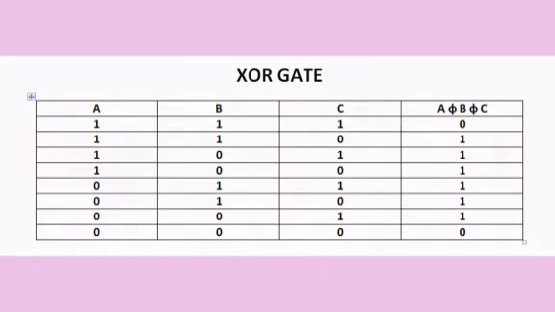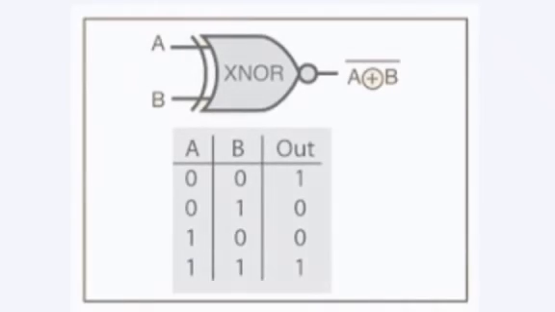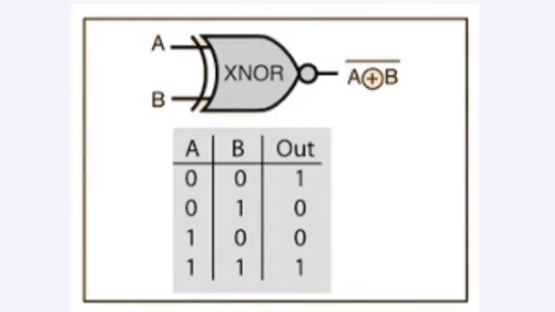Moving forward, the exclusive NOR gate. People will say the exclusive NOR gate is the opposite of the exclusive OR gate. That is very true and very, very correct. But I would add to that definition by telling you that it is not just the opposite, but there is an introduction of a NOT gate in it.